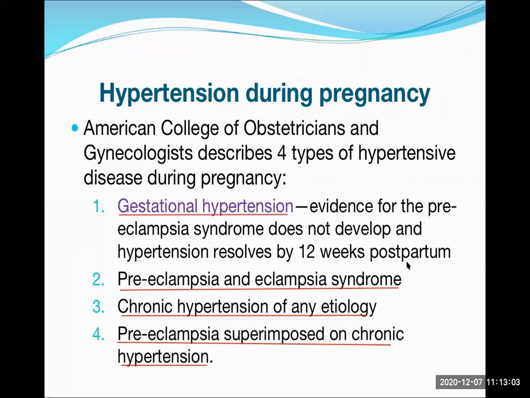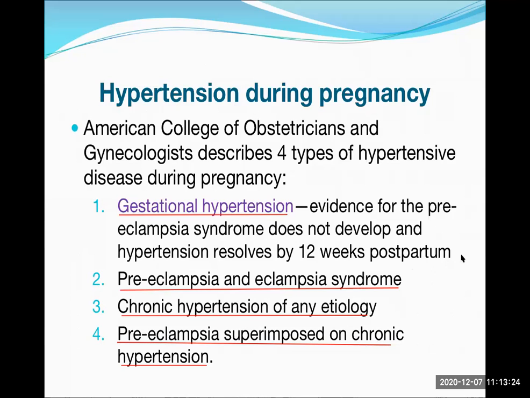This is gestational hypertension. What is the meaning? Here, the pre-eclampsia criteria don't fit. There is just a rise in blood pressure during pregnancy, and it will resolve 12 weeks after the birth of the baby. Postpartum means after the birth.